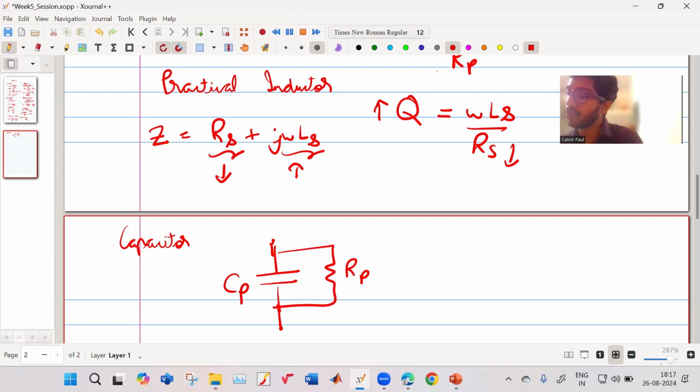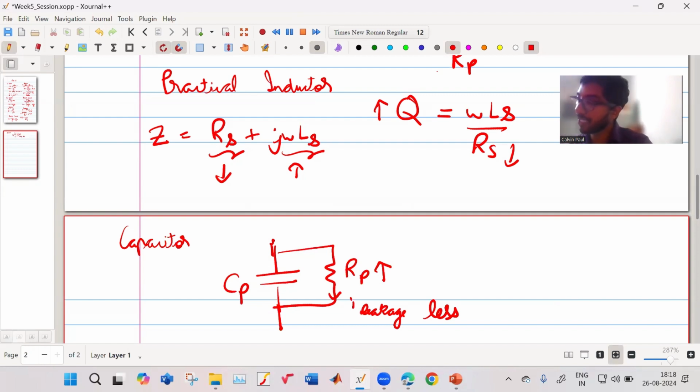So what do we want? We want my Rp to be as high as possible. If my Rp is as high as possible, then less current will flow. Then this I leakage will be less. If my Rp is very high, my I leakage will be less. That is what we want.